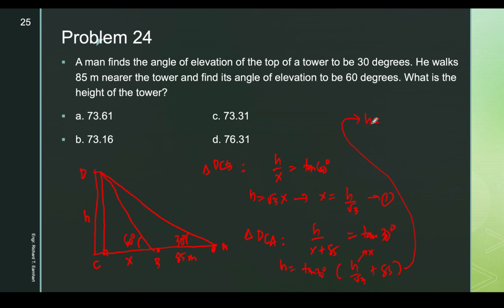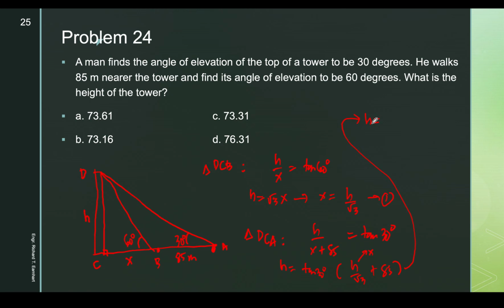So we have 1 minus tangent of 30 over square root of 3. And then 85 times tangent 30 degrees.